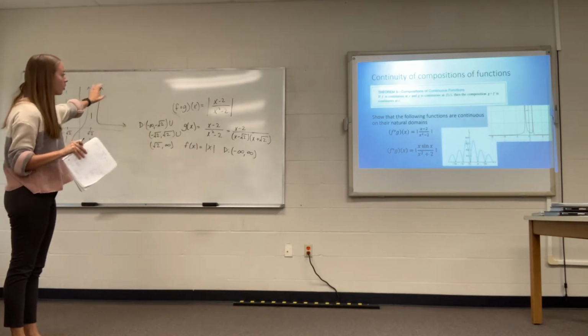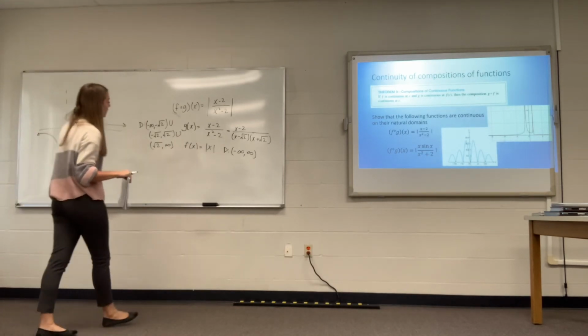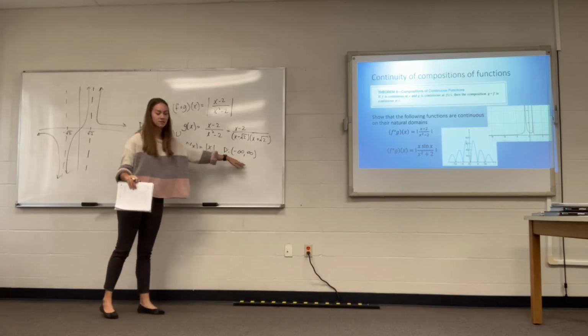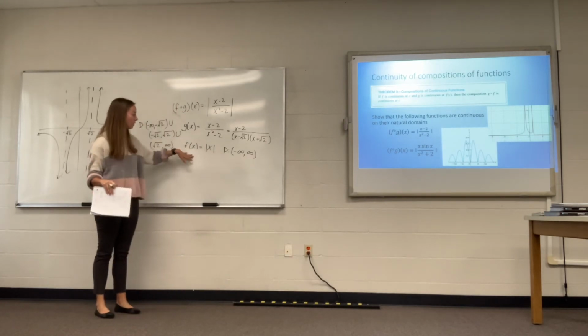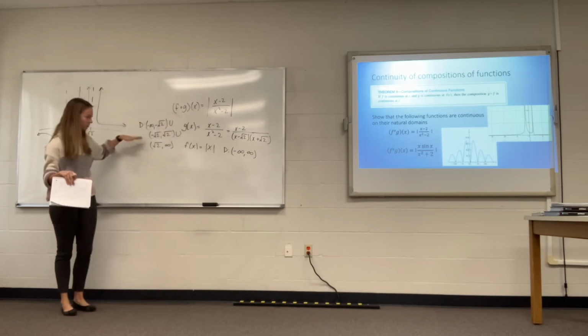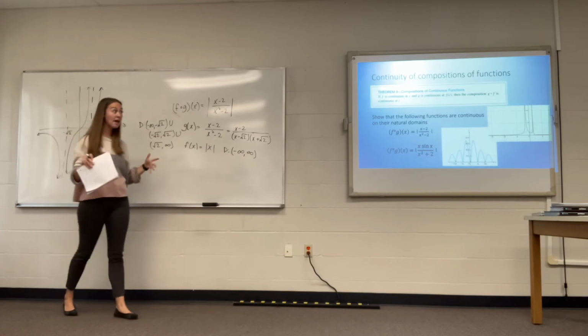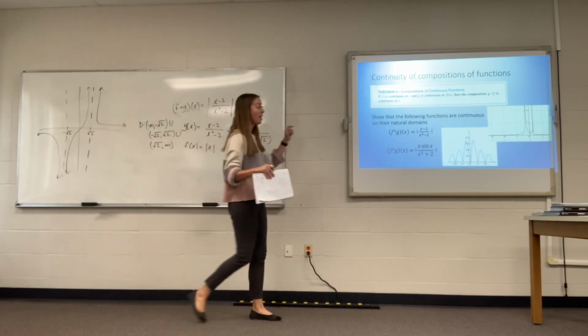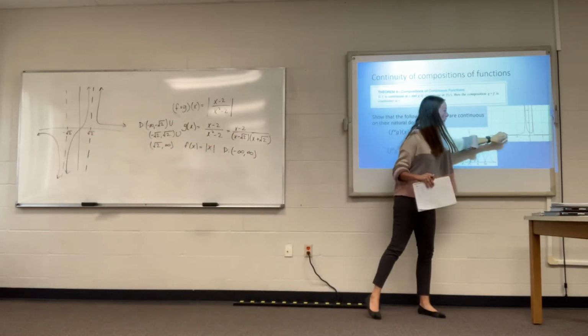So going off of that, I have my domain of negative infinity to positive infinity as my natural domain of my absolute value of x. My natural domain of this function is going to be this right here. Now, if I put them together, I have this graph, the red lined one over here.